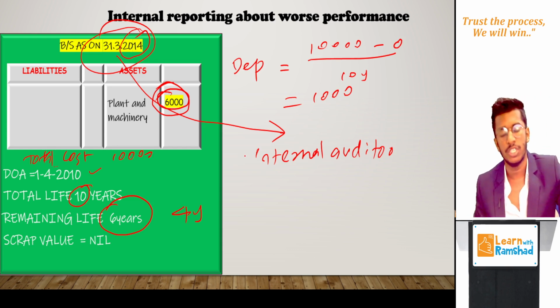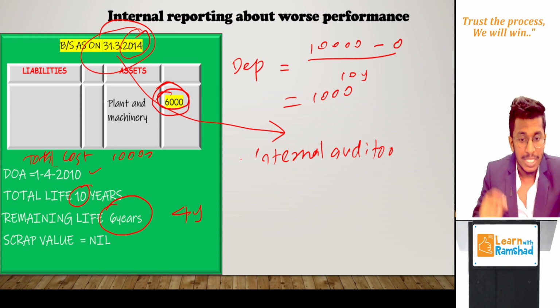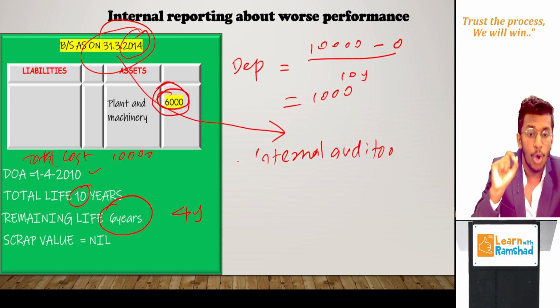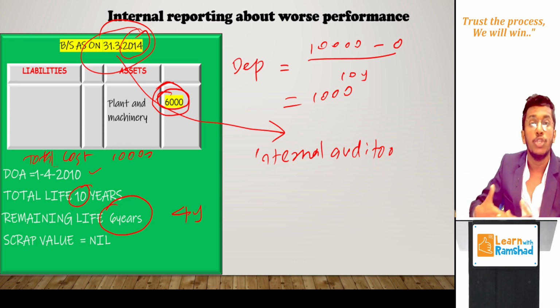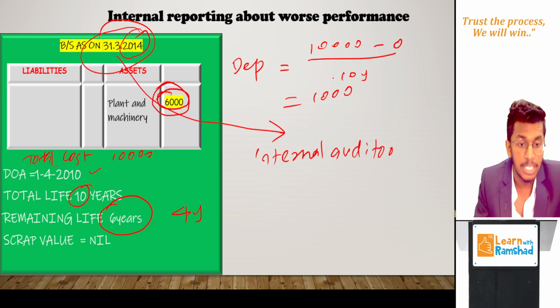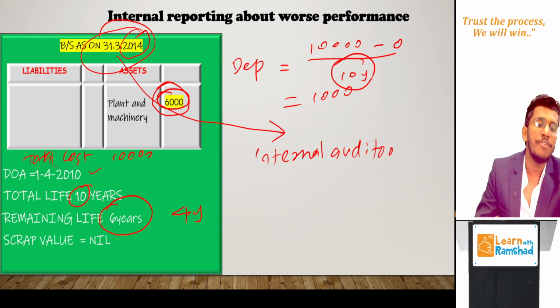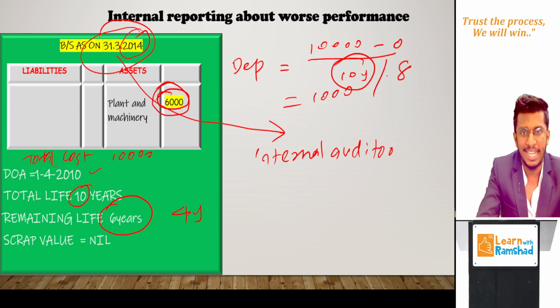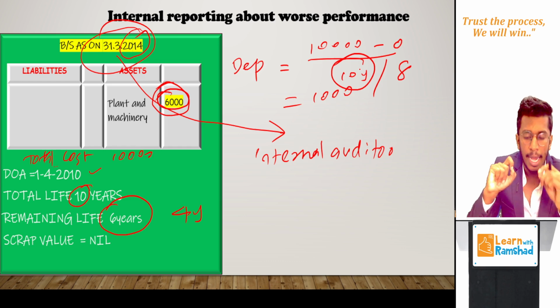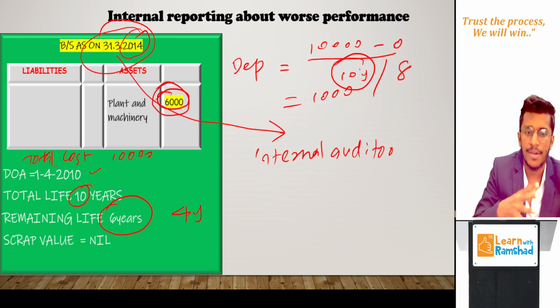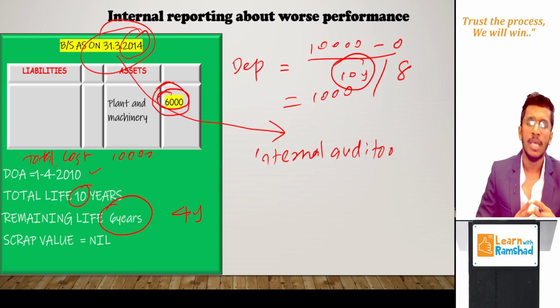In such a situation, you have to suddenly cut down your value, because during the last 4 years you calculated the depreciation on a 10-year basis. If it was done based on 8 years, you would have had more depreciation, right? That's it. So in short, in such a situation, on that date you have to do a sudden write off of your asset. Ready?